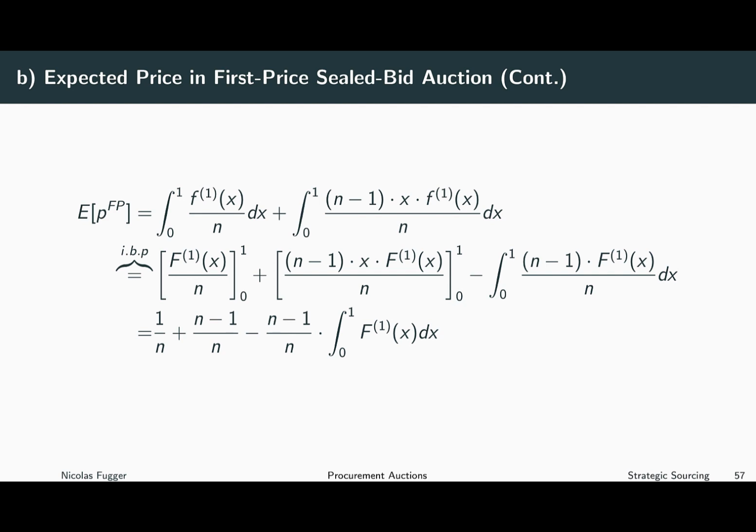Now we have a look at this second term. Again, we plug in 1. If we plug in 1, here is a 1, here is a 1, meaning we get n minus 1 divided by n, which is exactly what's written down here. And if we plug in the lower limit, then this expression here is 0, and that's it.